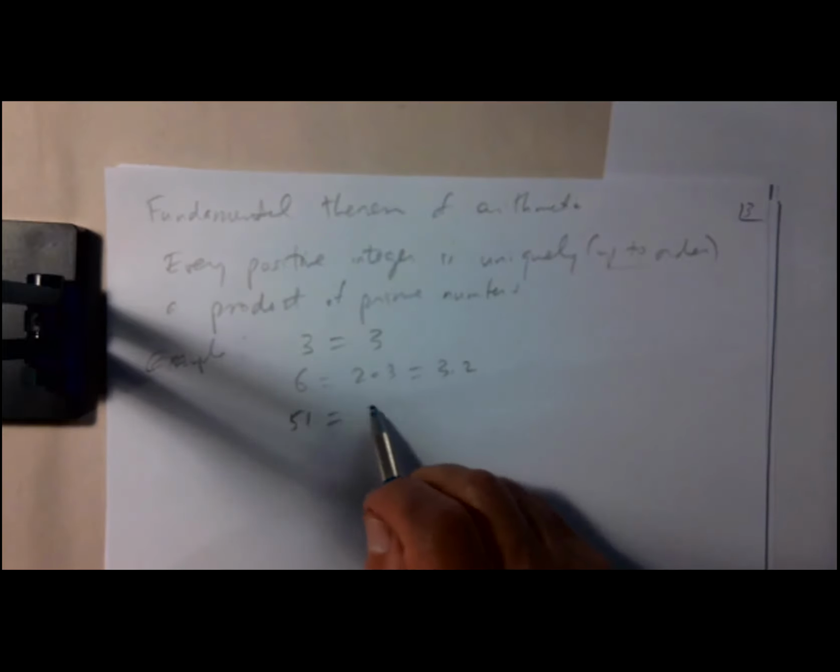51, that's 3 times 17. 510. Well, if I can factor that, that's 51 times 10, and 51 is 3 times 17, and 10 is 2 times 5.